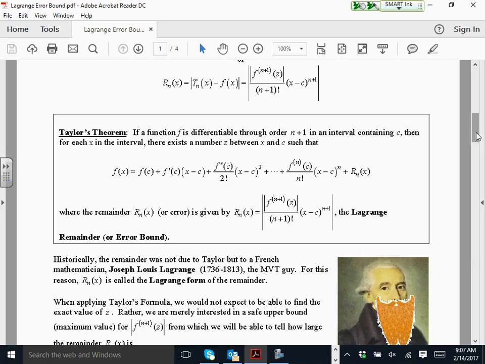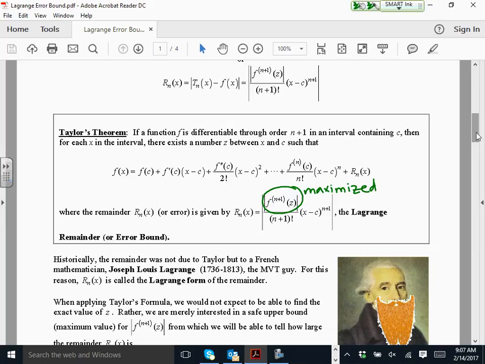Okay. Basically what's happening is, yes, this is the next term in our polynomial, except we want this to be maximized, okay? To really account for that error bound, we need to make sure that we're making our remainder as big as it could be, all right?